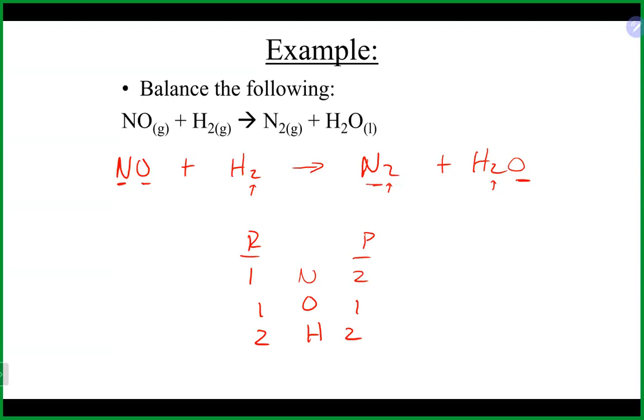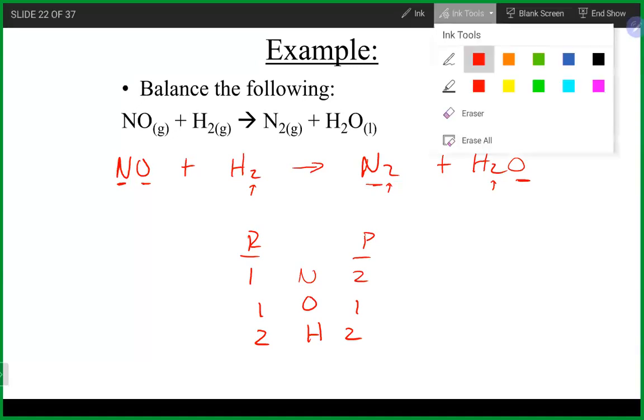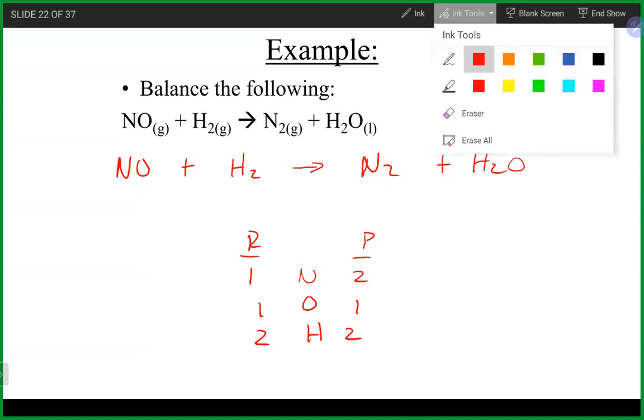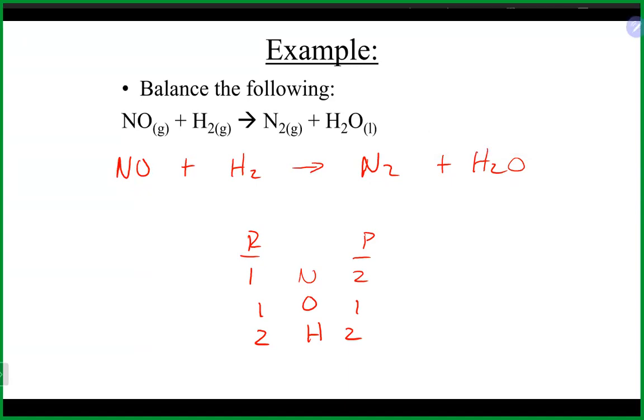So by making the table, again, it really does help you sort of organize in your head what seems like a good place to start with. So in this case, from my table, I can see pretty much everything is balanced except for the nitrogen. So clearly that's a good place to start. And our nitrogen on the left there needs a little help.